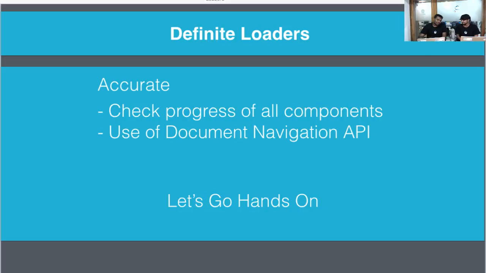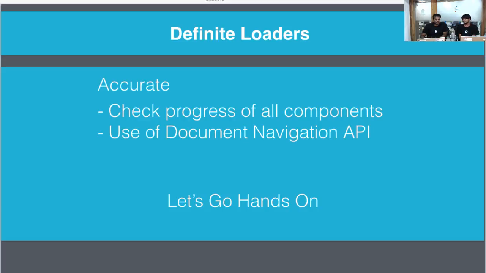Okay, so let's go ahead and start a simple example of the indefinite loader as well. But I think you have some content written on the document navigation API as well. Those are the accurate loaders. This is where you get a very close estimate of how much time is remaining for the complete DOM to get loaded.